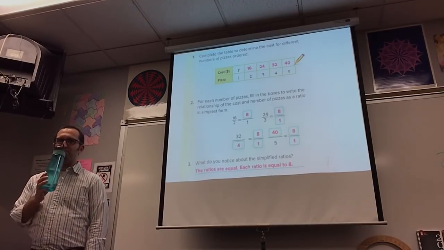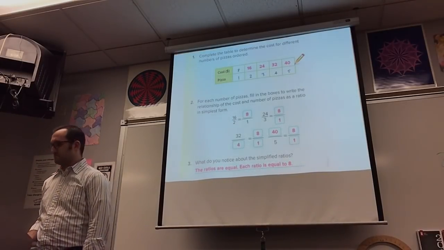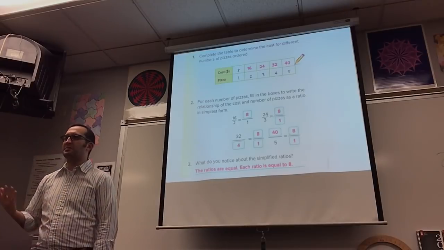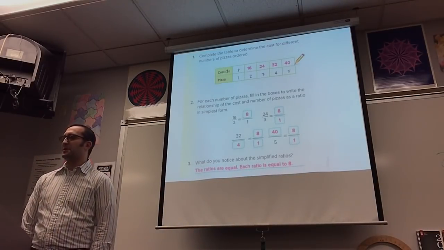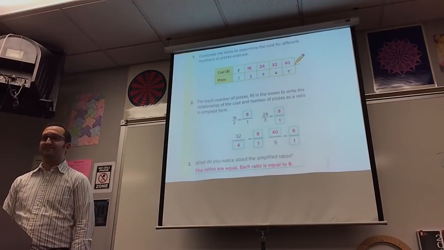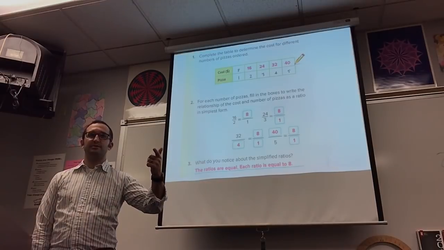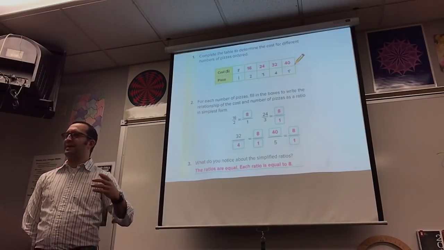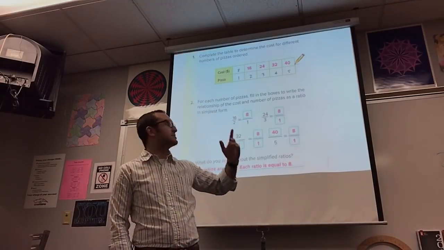Because you're just multiplying both the numerator and the denominator by different numbers. I mean, how much does each pizza cost? $8. So that would be called our unit cost, right? $8 what? Per pizza. So in each case, what would be the unit cost? Well, the unit cost is $8 per pizza for every single one of them.